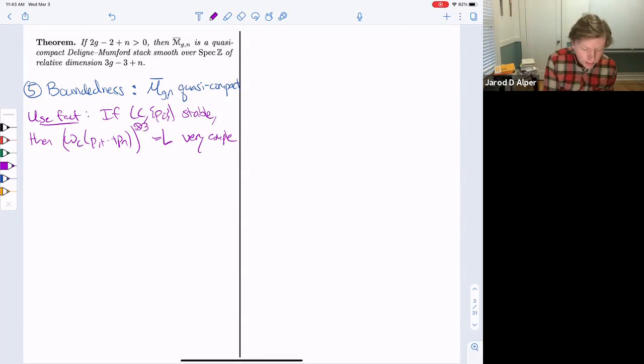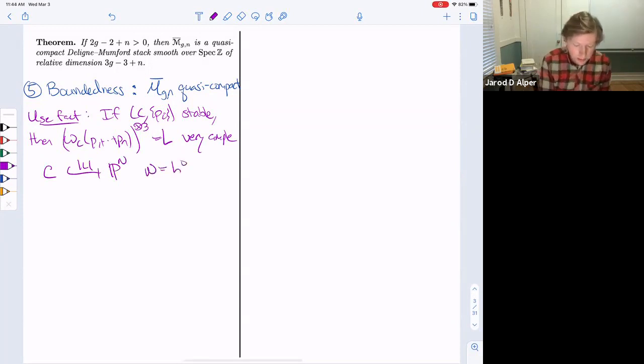So I can use L to embed into some projective space. If you want, you can compute that dimension using Riemann-Roch. It's just H^0 of L.